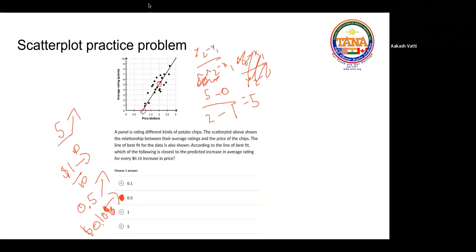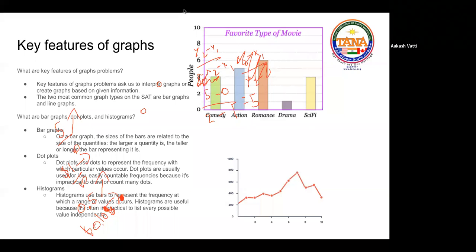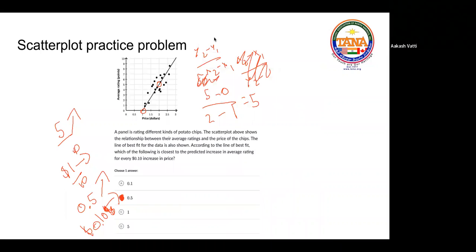So I got the 5 minus 0 and the 2 minus 1 because I'm trying to calculate the slope of the line of best fit, which is this thing. Since I know two points, (1, 0) and (2, 5), because it passes through these two points, the points I circled, I can use the slope formula, y2 minus y1 over x2 minus x1, which is 5 minus 0 over 2 minus 1 to get 5.